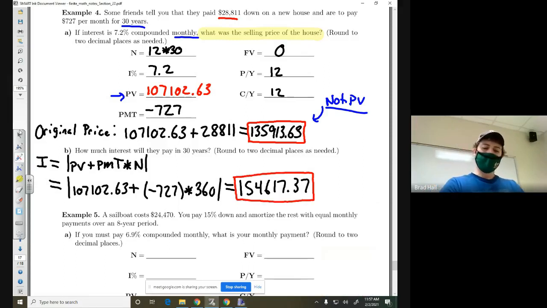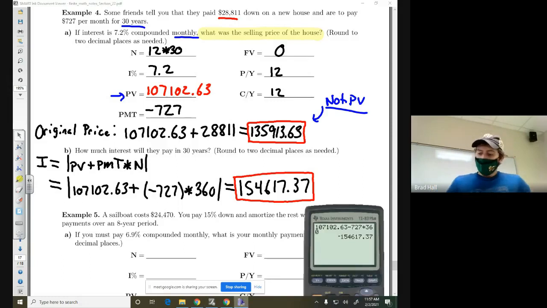So let's think about what that means. You agreed to buy a house for $135,000. On top of paying that amount back, you were paying an interest that is more than the price of the home in the first place.